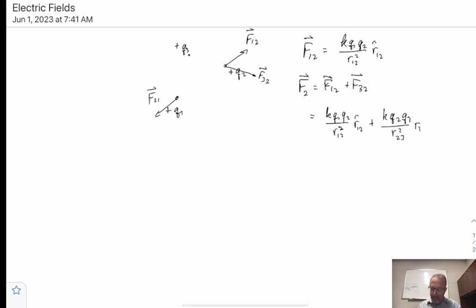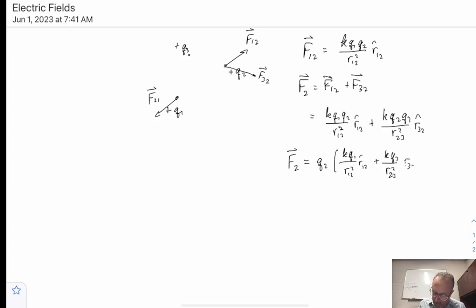Okay, but there's a common thread in all of these terms, and if I put in more, charge 4, charge 5, whatever, there's going to be more and more. The total force on charge 2 can be written as Q2 times K Q1 over R12 squared in the R12 hat direction plus K Q3 over R23 or 32 squared in the R32 hat direction.